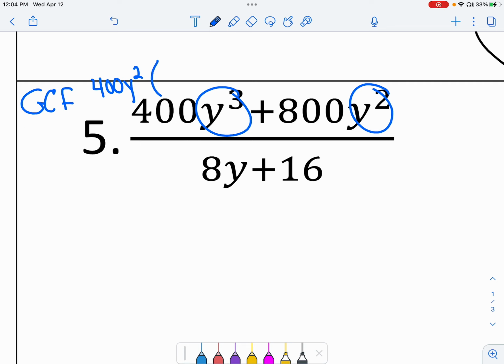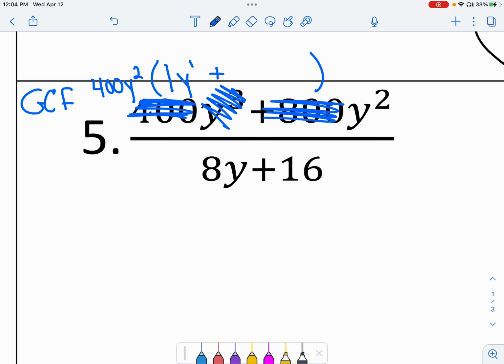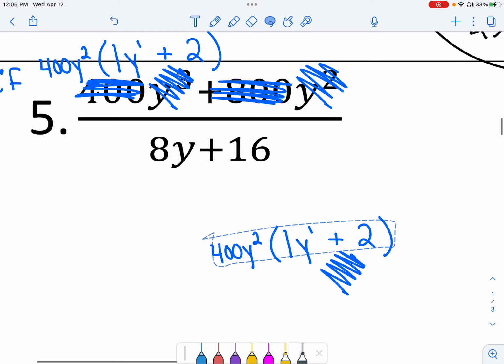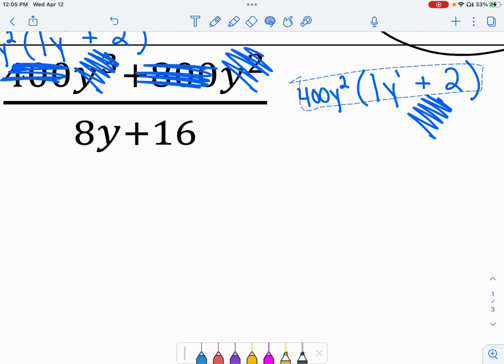So if I take 400y squared out of there, let's divide by 400 and get rid of those crazy circles. 400 divided by 400 is 1. y cubed take away y squared is y to the first, plus 800 divided by 400 is 2, and y squared take away y squared is none. So our numerator is this. Sorry about that scribble. That's our new numerator.